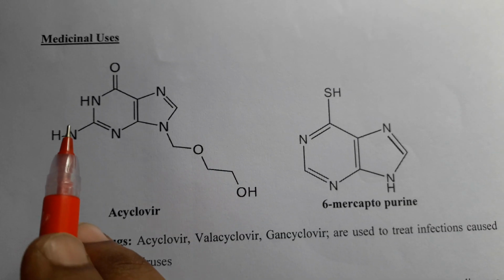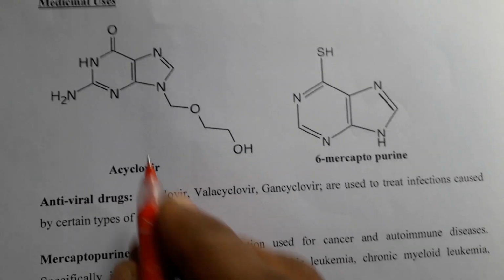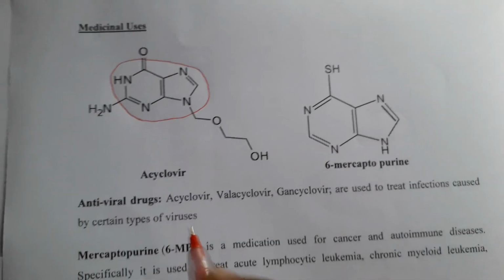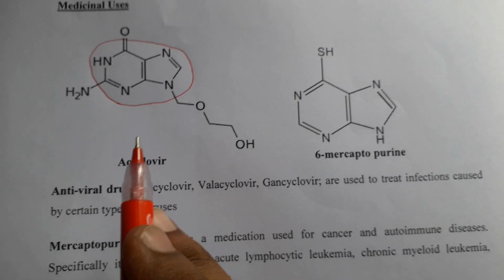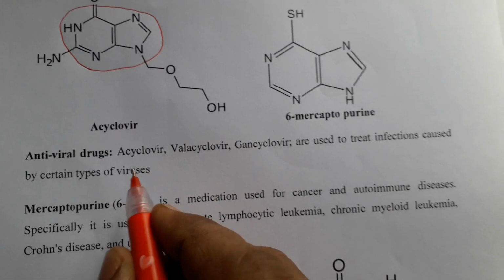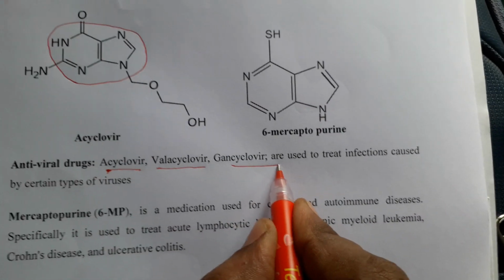Next, coming to the medicinal uses of purine derivatives. Acyclovir. So this is the purine moiety that is present in acyclovir. Not only acyclovir, there are some antiviral drugs, that is acyclovir, valcyclovir, ganciclovir.